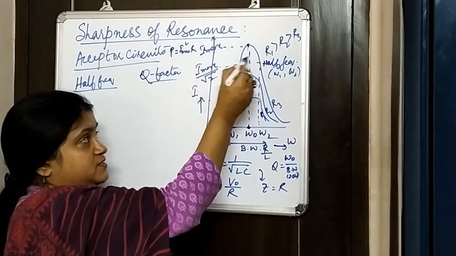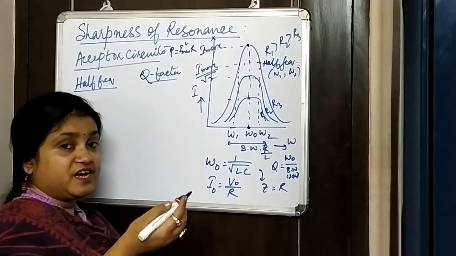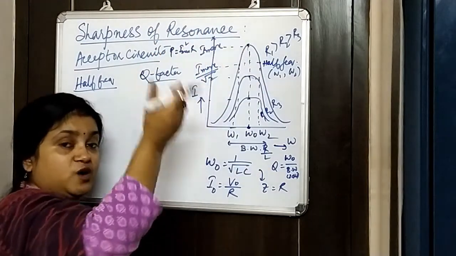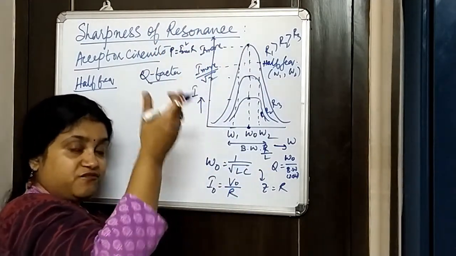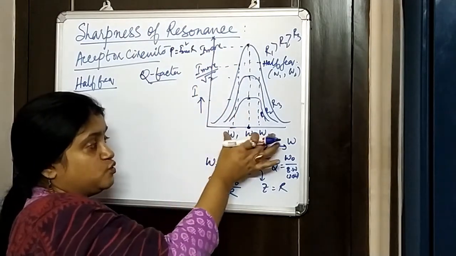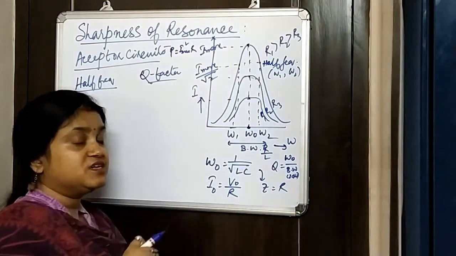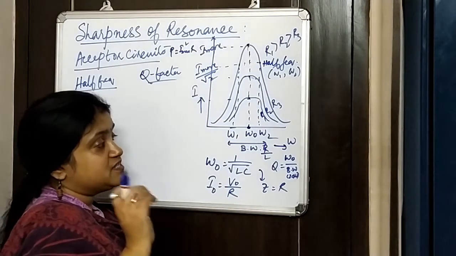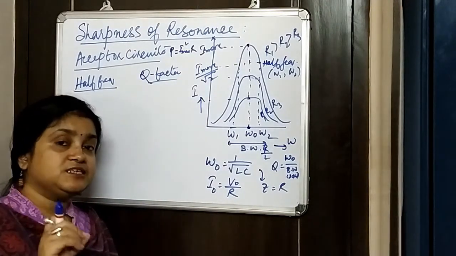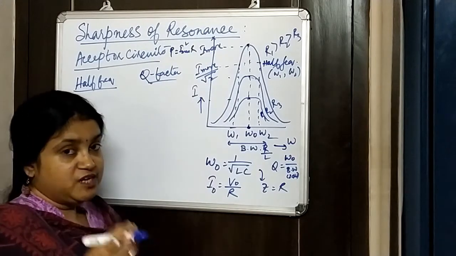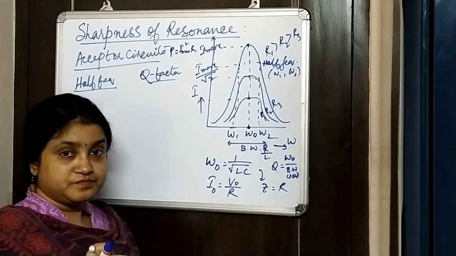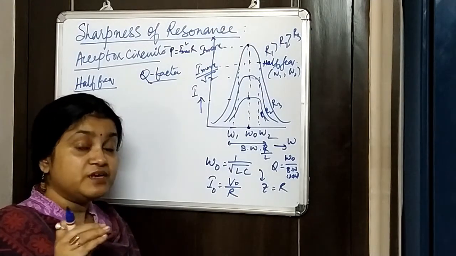There are two points. As I told you, if I have to know the sharpness, I have to check how fast or how sharply the current is falling on both sides. So we take two frequencies at both sides of the curve, which we call half frequencies, and these points are selected based on the frequencies at which the power is half.